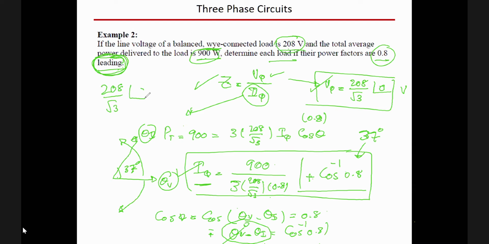Then you can say that the reference is this phase voltage at 0. Or you can say that since the reference is phase voltage, the 208 will be now plus 30, right? Yes, plus 30. So when you do the division, you will see that the 208 and plus 30 cancel each other. Yeah, it's the same outcome. Okay, clear.